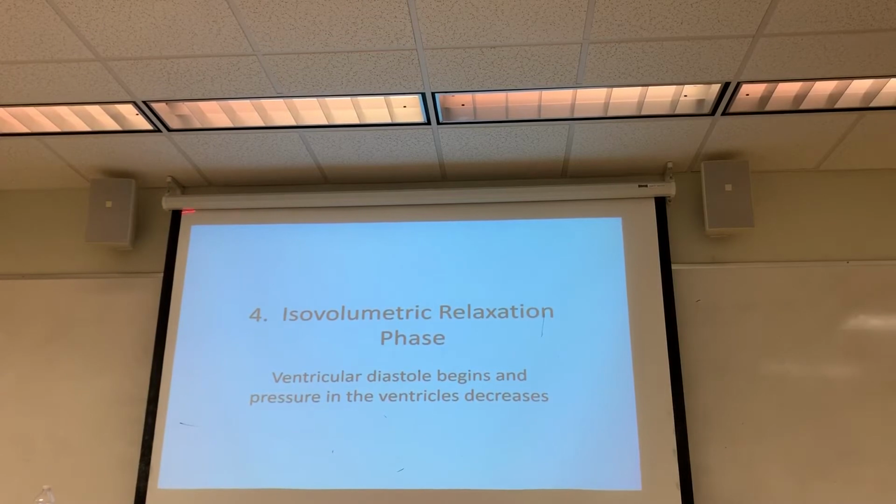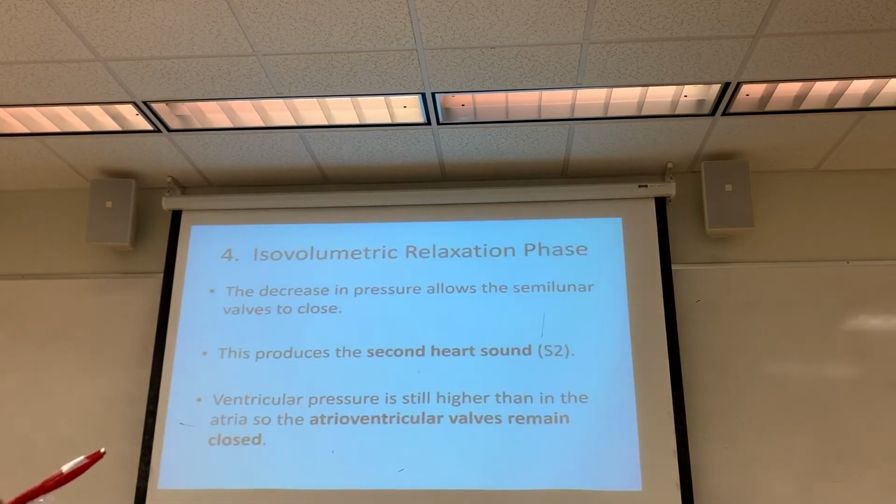So now we have the isovolumetric relaxation. What does it mean? Ventricular diastole begins and the pressure of the ventricles decreases, so it's going into the relaxation mode. So in this case, you hear the second heart sound, which is the pulmonary trunk valve or pulmonary valve closing, which is your semilunar, and the aortic valve closing.